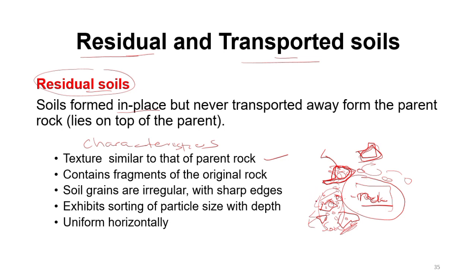Soil grains are irregular with sharp edges, as I've explained. They also exhibit sorting of particle size with depth. Residual soils also obey the uniform horizontality, that they are being deposited horizontally.